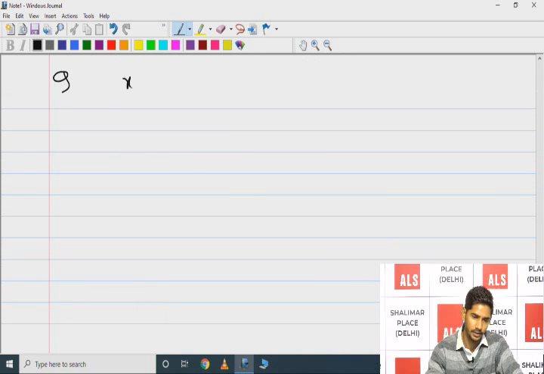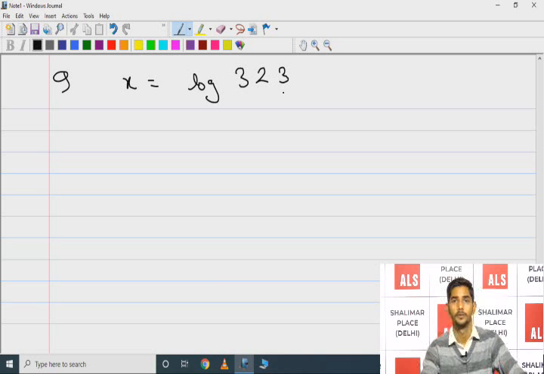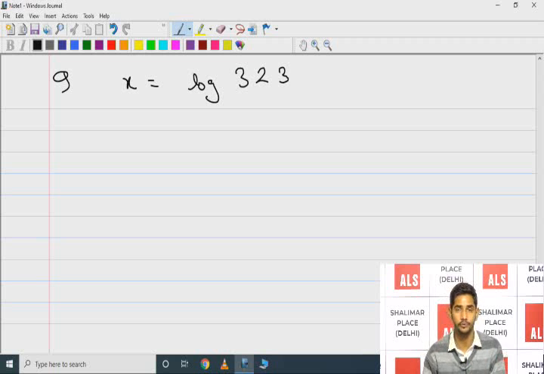Let's suppose I have got x is equal to log 323. I have told you that we can check the log only when the number is present in a format where after the first non-zero digit there must be the decimal.